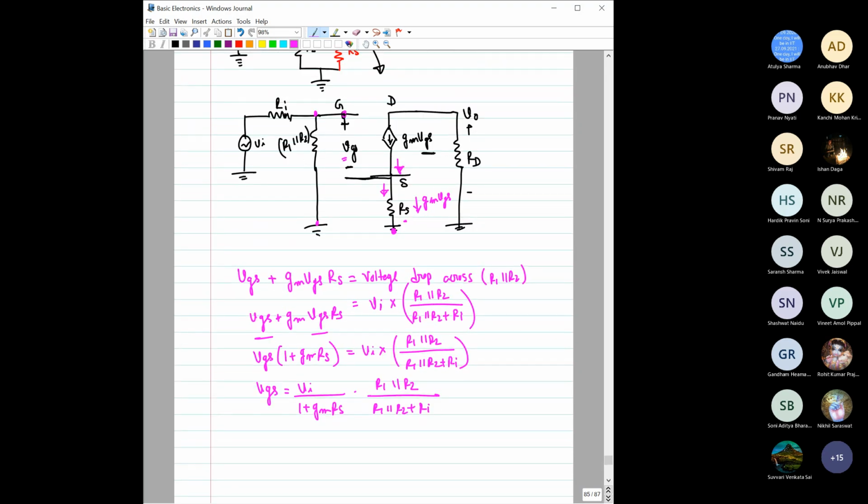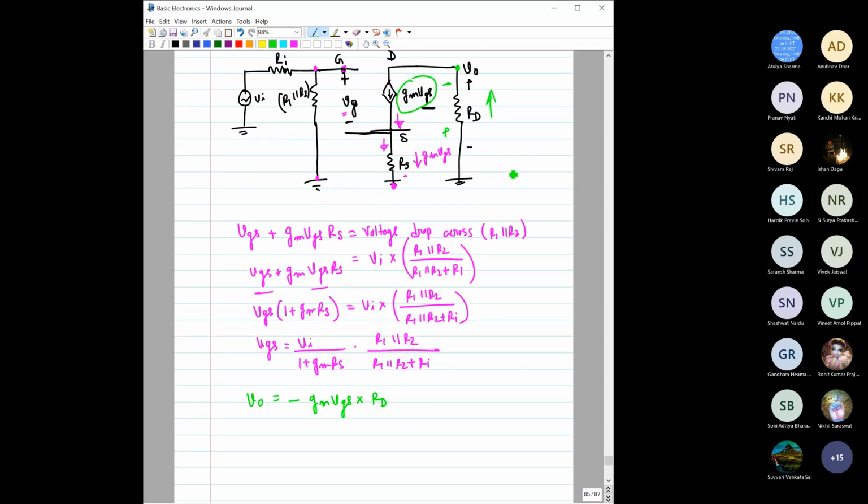Now, what will be the magnitude of this V out? Again, this current has to flow through this RD, and when this current flows, it will create a voltage drop with this polarity, plus here and minus here, which is opposite to the polarity that we have considered. So the output voltage V output would be equal to minus GM VGS into RD, right?